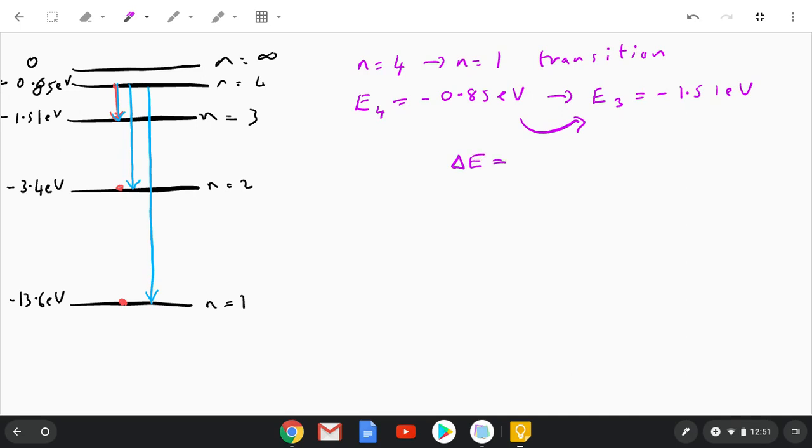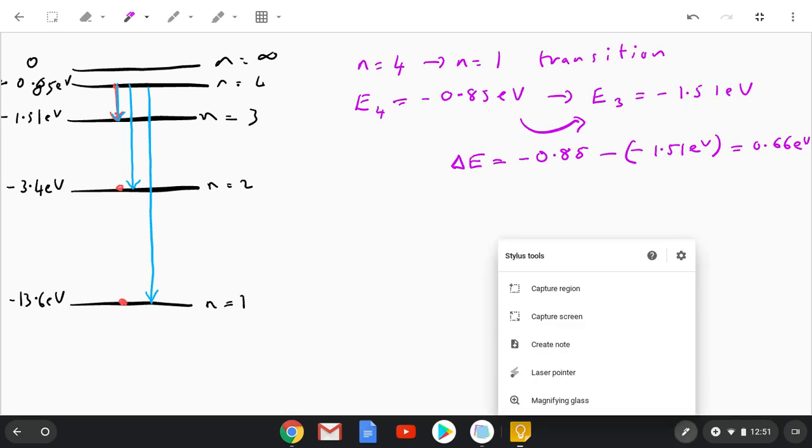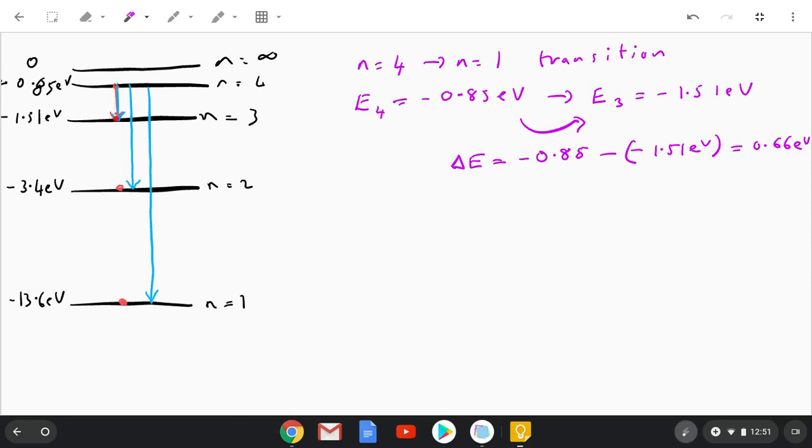The amount of energy that is lost is minus 0.85 minus minus 1.51 electron volts, and what we get is 0.66 electron volts of energy that is lost when the electron goes from the 4th energy level to the 3rd energy level.